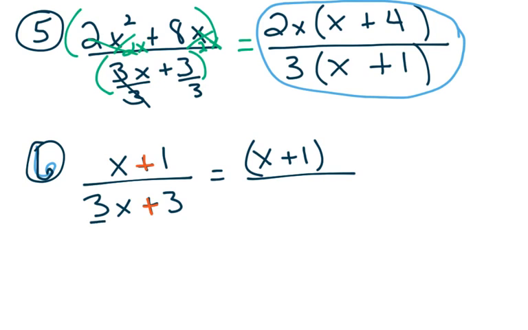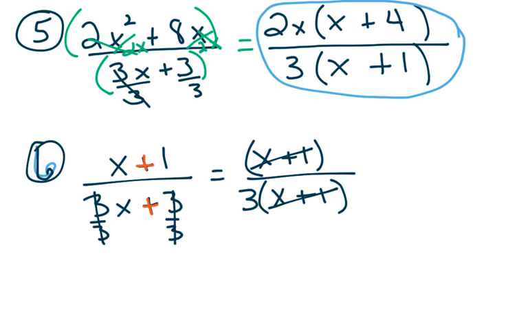Then down here, I have a 3 in common in both of these terms. So I'm going to factor it out. 3x divided by 3 is x. 3 divided by 3 is 1. Now look what happened. I've got a parentheses on top, and I've got a 3 times a parentheses on bottom. Are the parentheses the same? Yes, I have an x plus 1 and an x plus 1.